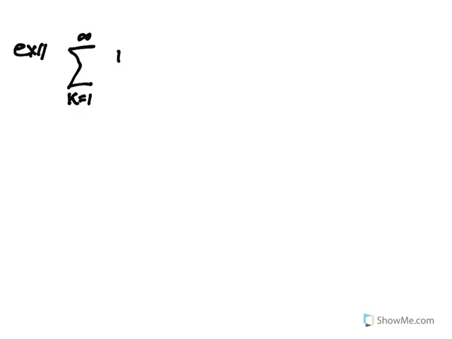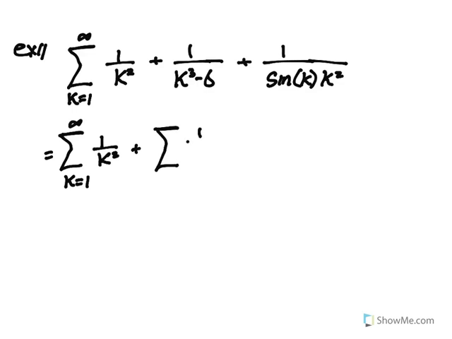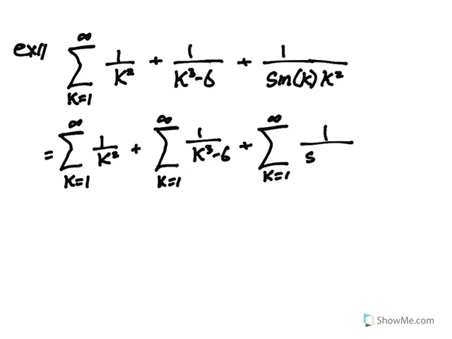So if I look at a series like 1 over k squared plus 1 over k cubed minus 6 plus 1 over sine k times k squared, well, this can be broken down into three different series: 1 over k squared, plus 1 over k cubed minus 6, plus the series with sine k over k squared.